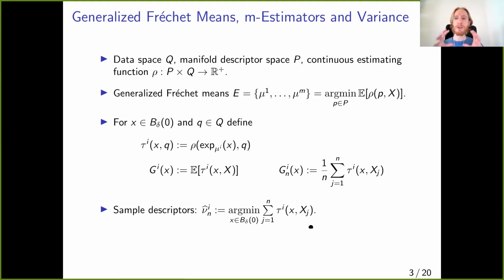However, if we look at the global minimizer of the sample Frechet function, this is under fairly general circumstances unique. There is a uniqueness result as soon as you have some fairly benign regularity conditions.